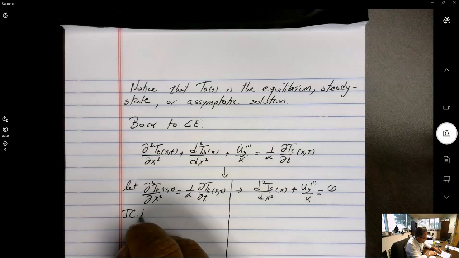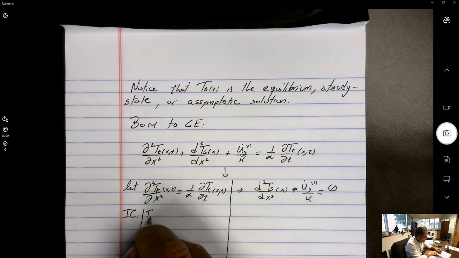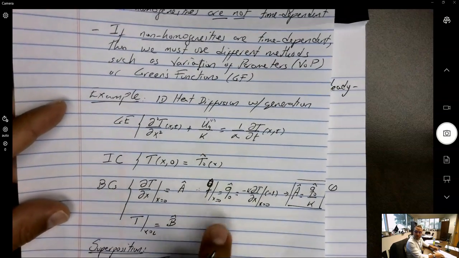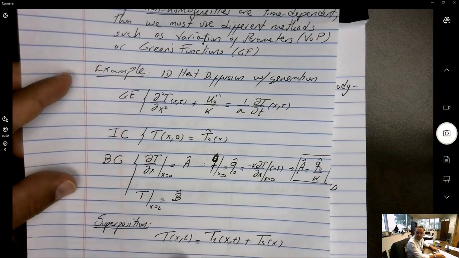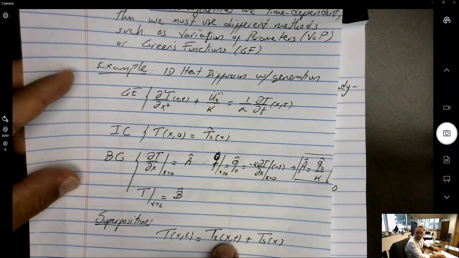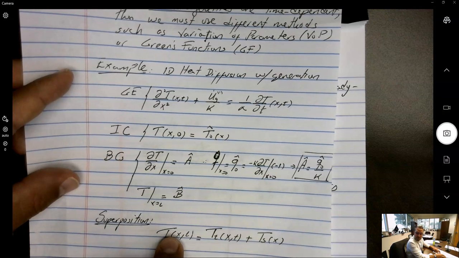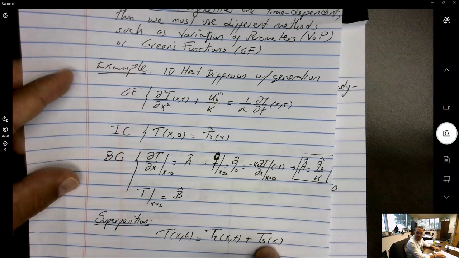which is Tt at x comma 0. Remember that the temperature at x comma 0 was given by this T0, right? So if we want to know what Tt is at x comma 0, it will be T0 minus Ts, a steady solution.